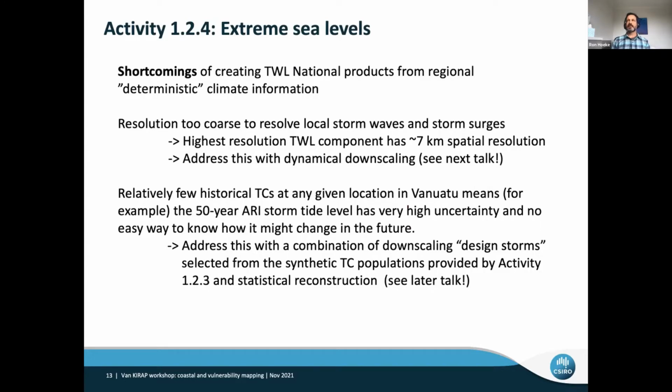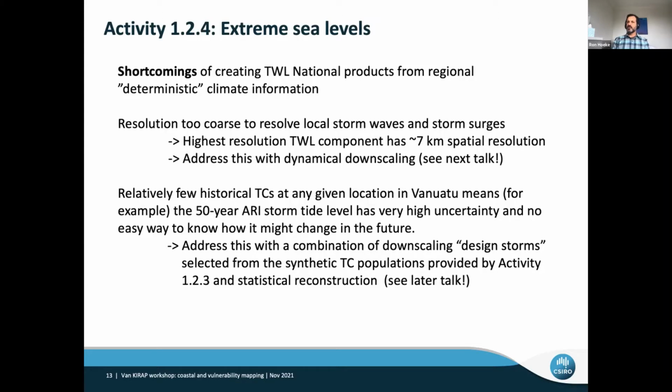And really quickly, before I hand over to Vanessa, I would like to discuss some shortcomings and some caveats with this data. So this data is created from extant regional climate information that I showed in an earlier slide. That is a global tidal model, a global atmospheric reanalysis, a regional wave model analysis, and other information.